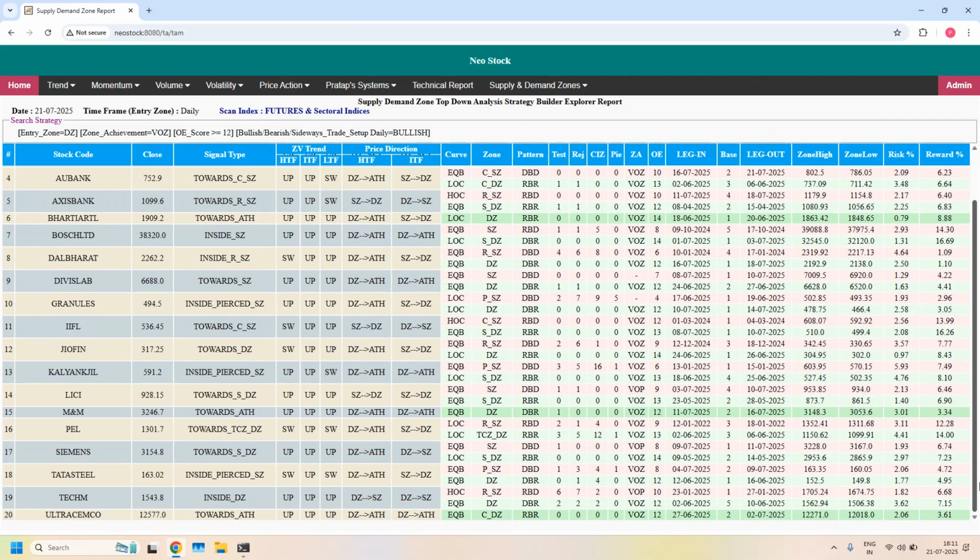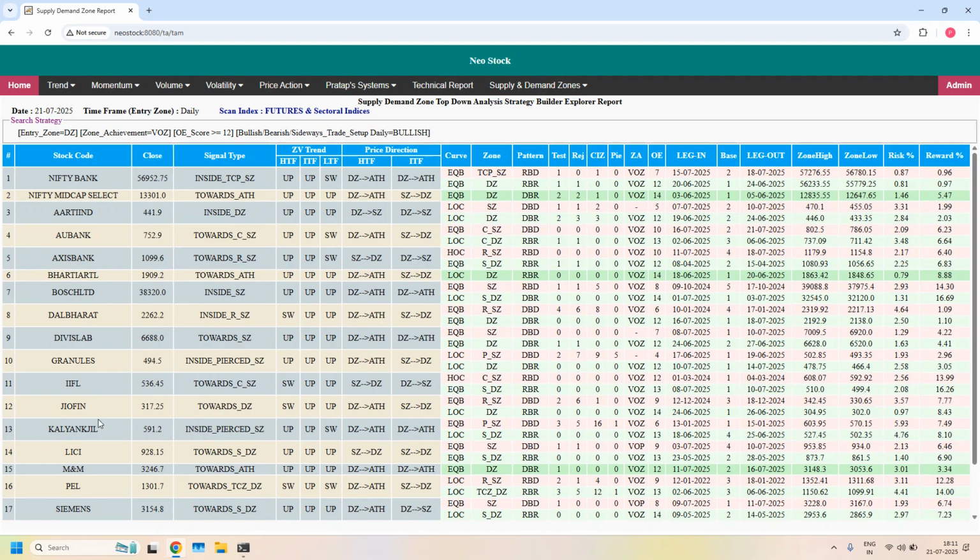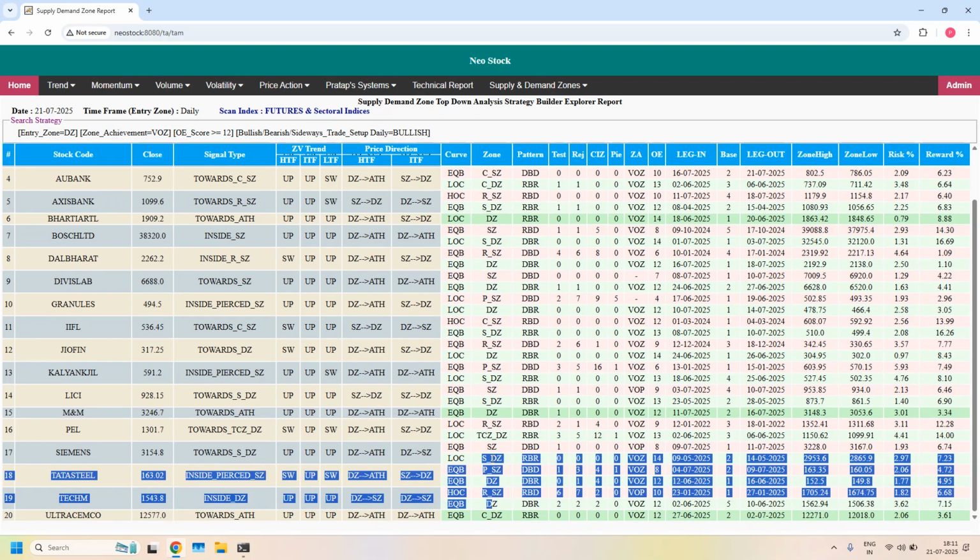We got 20 stocks. First 17 stocks in the list, monthly income trade for bullish trade setup. In all these stocks, entry time frame zones are daily demand zones. So like that, first 17 daily demand zones.